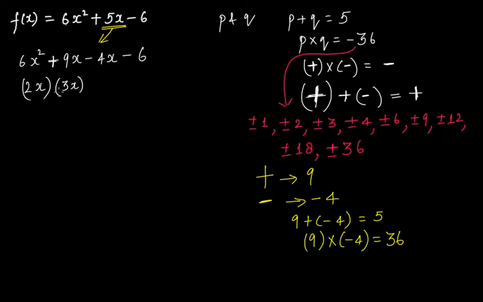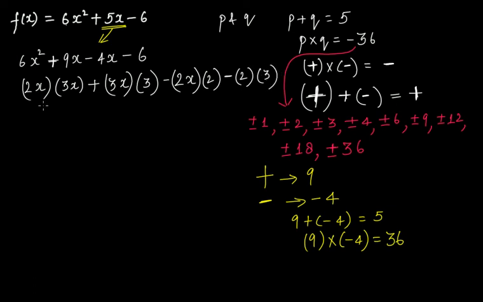Any problem? And this 9x can be written as 3x multiplied by 3. This is minus 4x, this is minus 6. Let's do this for this one also. So this 4x can be written as 2x multiplied by 2, and this minus 6 can be written as 2 multiplied by 3.